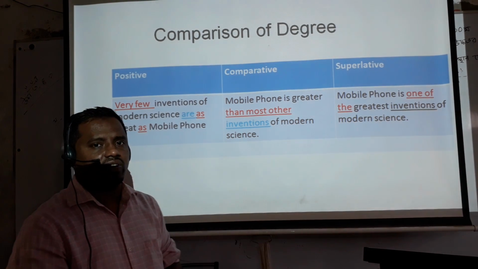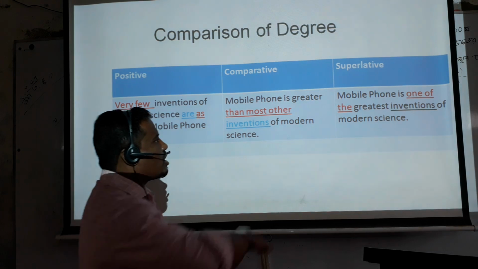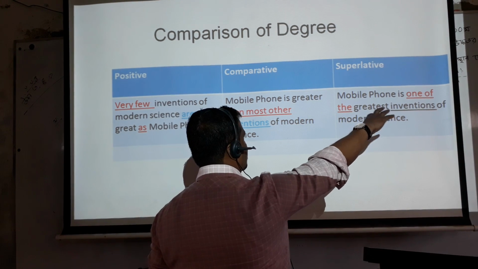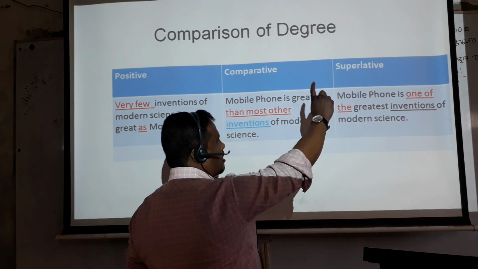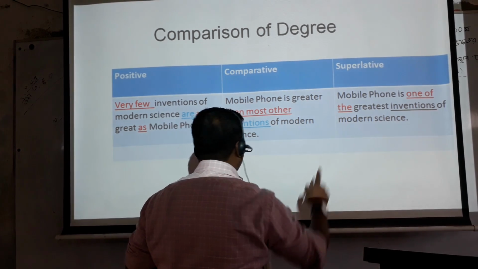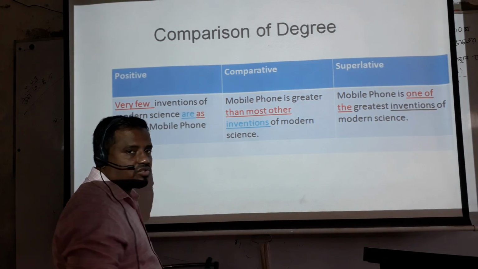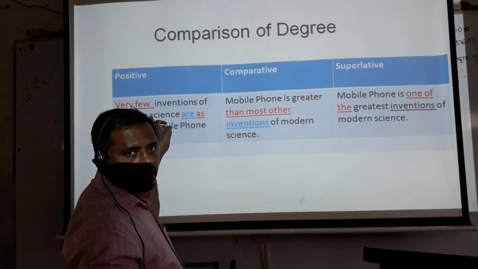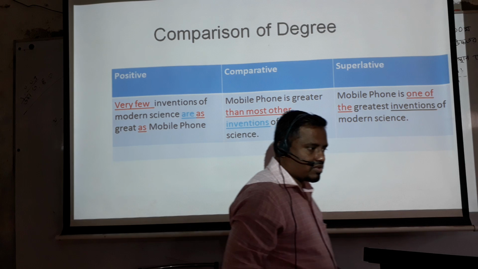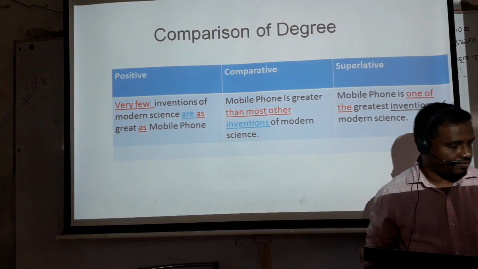And notice carefully, the one of the is left out here, and we have used than most other. If there is one of the in a superlative sentence, and also if you are asked to transform it into positive, you have to use very few. Okay, let's move to the next rule.